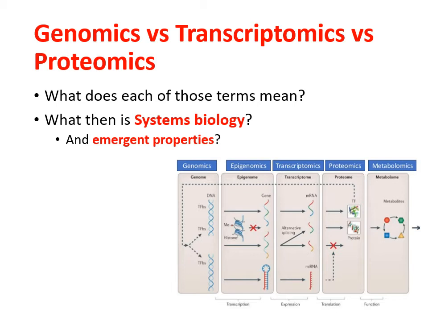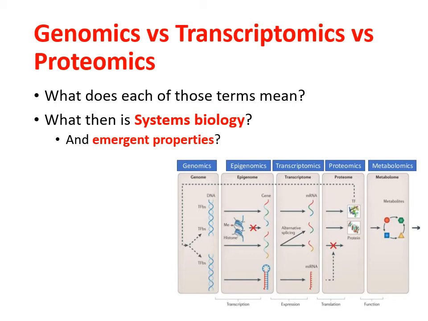Now, that then brings us to the idea of systems biology. Systems biology basically allows us to study and understand the interactions between the individual parts of an organism and how that then leads to various properties of that organism.